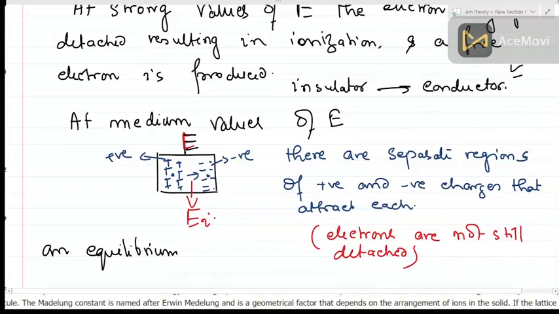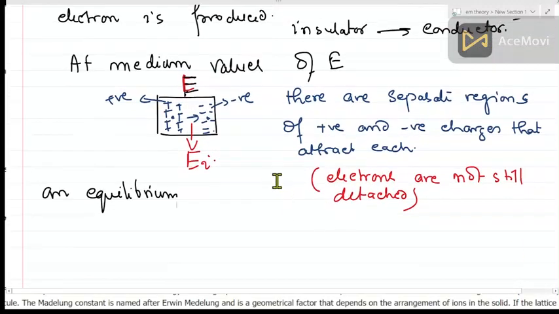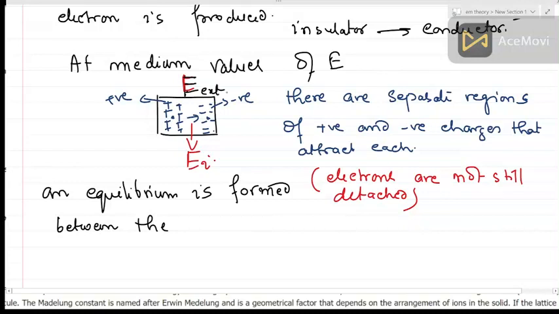An equilibrium is formed between two electric fields, because now inside the material you have an electric field which is due to the force of attraction between the positive and the negative charges that are formed due to separation.